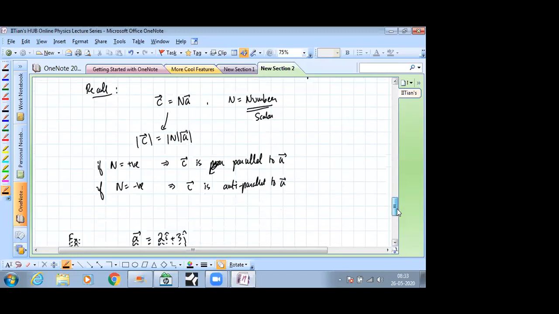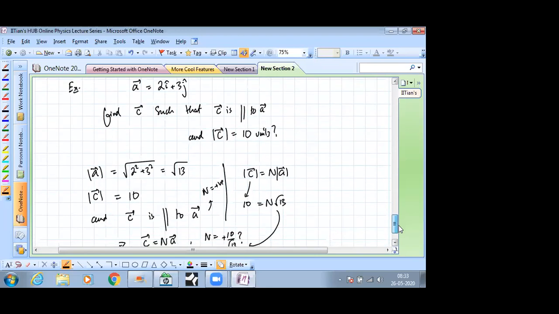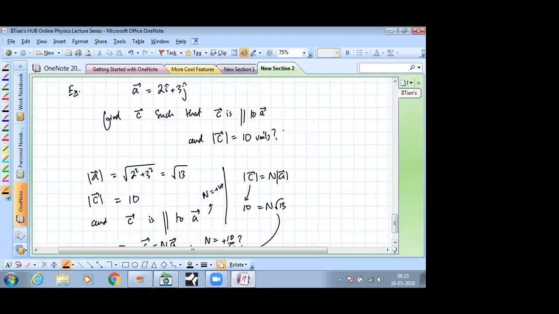So we make use of this. Now look at this example. I'm given this vector and I want to find this vector. So this will now become like this.